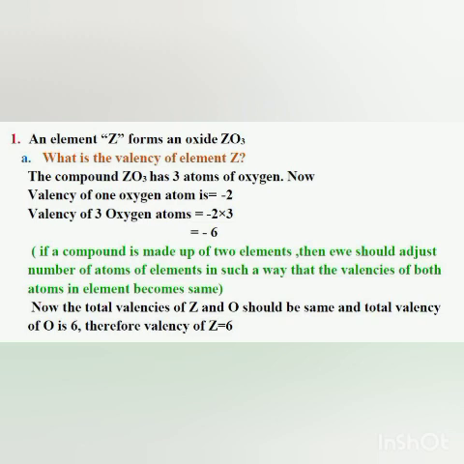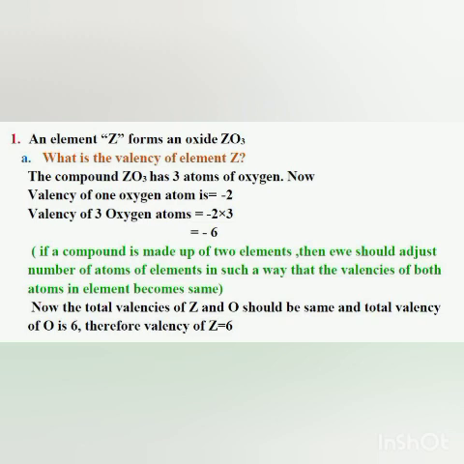Understood? The compound is made up of 2 elements and we have to adjust the atoms of the element in such a way that the valencies of the atoms of different elements are the same. Have you understood?